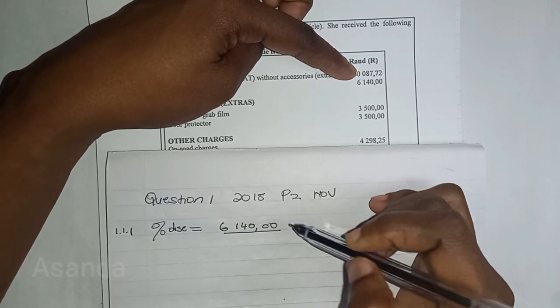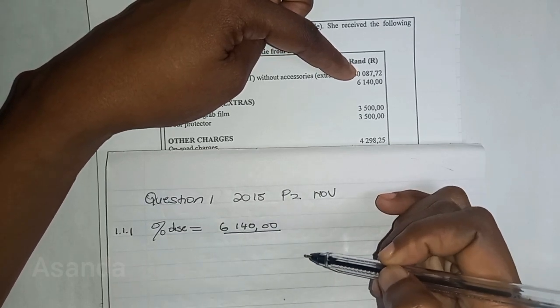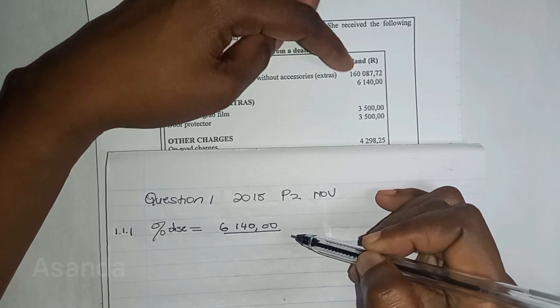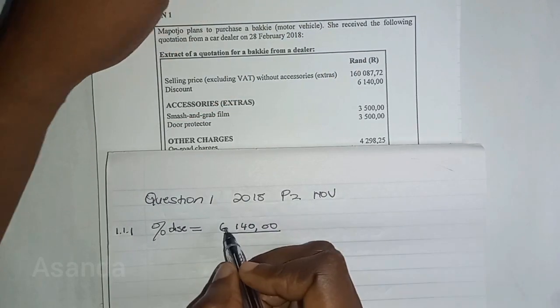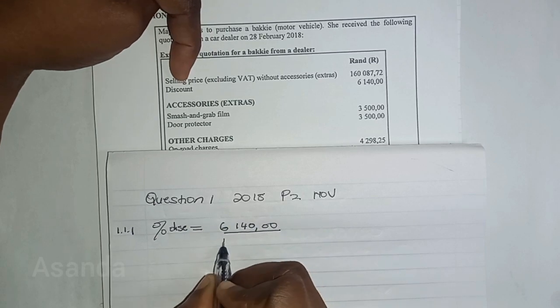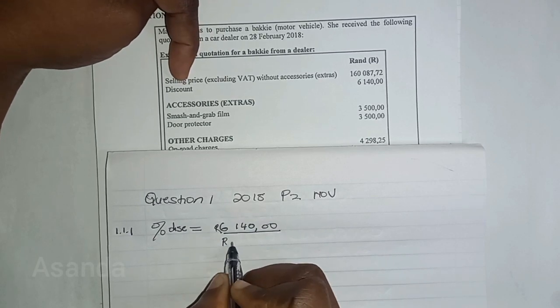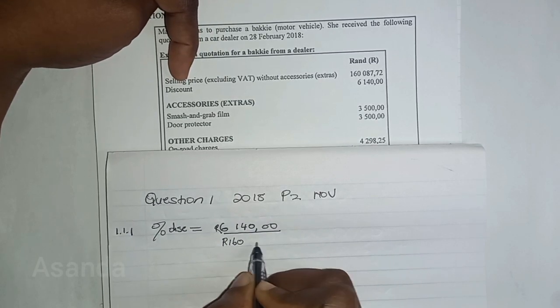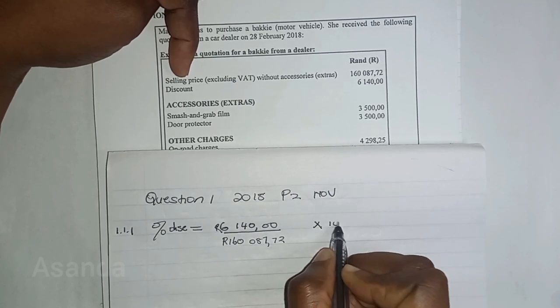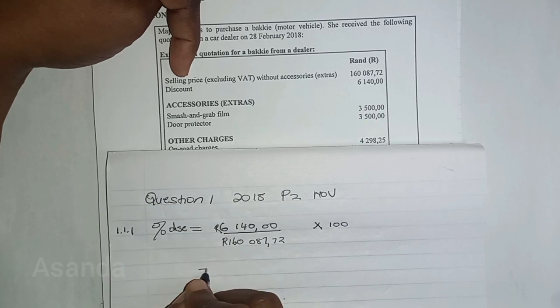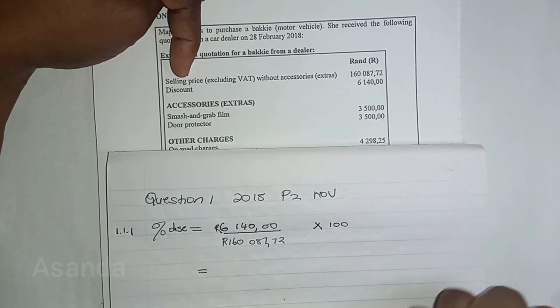Remember, whatever you're calculating the percentage for, you write it at the top, and then you write whatever they say you must use to calculate the percentage. Here they said we must use the selling price, so I'm going to write there 160,087.72, and then I'm going to multiply this fraction by 100 to give me a percentage.